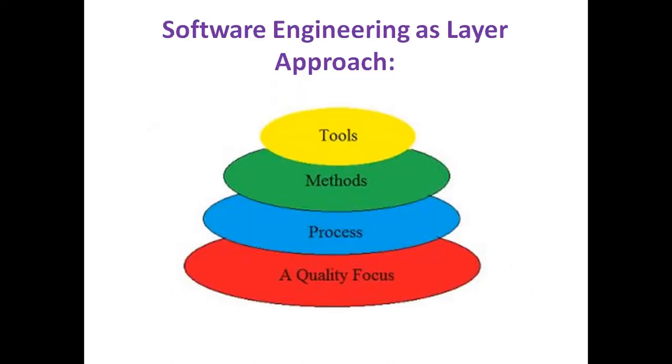Next, we are going to see software engineering as a layered approach. What is the main focus, or what is the process, while developing the software? There are a total of 3 layers of software engineering. The main concerns here are the quality focus, and then the process, methods, and tools. So the first layer is the quality focus.